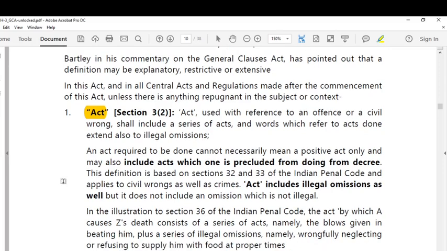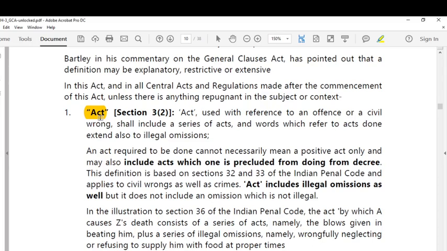So the first and foremost definition given under the General Clauses Act is Act. Act used with reference to an offense. Act here does not mean the General Clauses Act. Students, if you don't read the definition and write the answer with a common perception, you are definitely going to give a wrong answer.